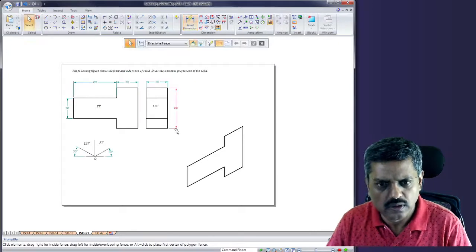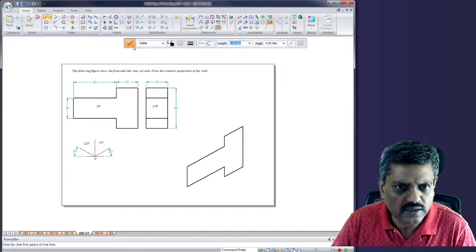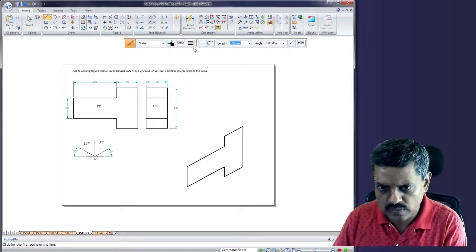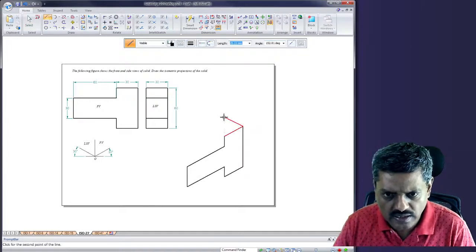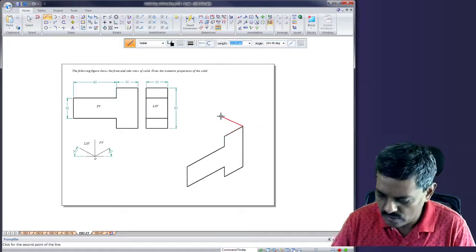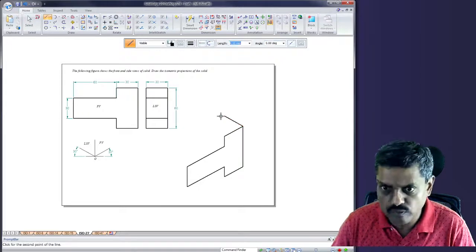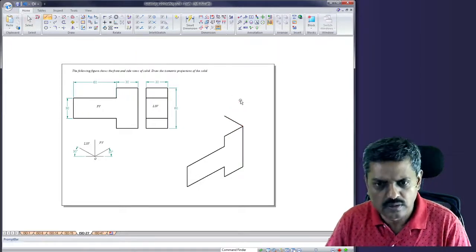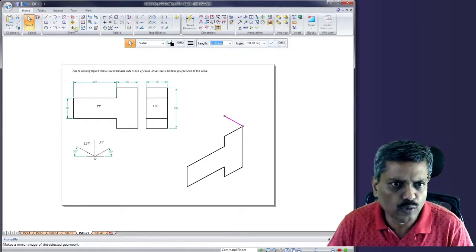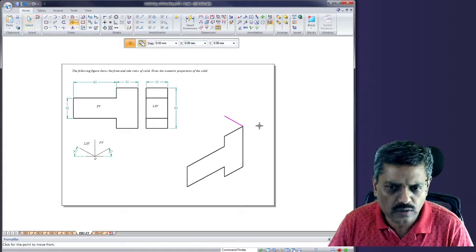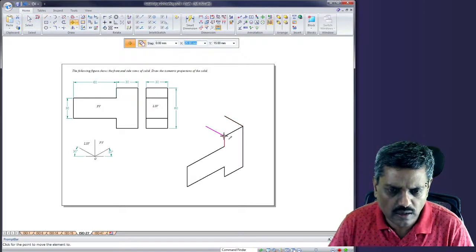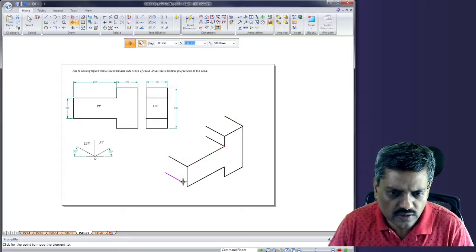So now you take the line command, which is 0.4, and then draw a line at 150. So this should be at 30 and 150. And this should be moved and copied. So at every corner, the following vertices.